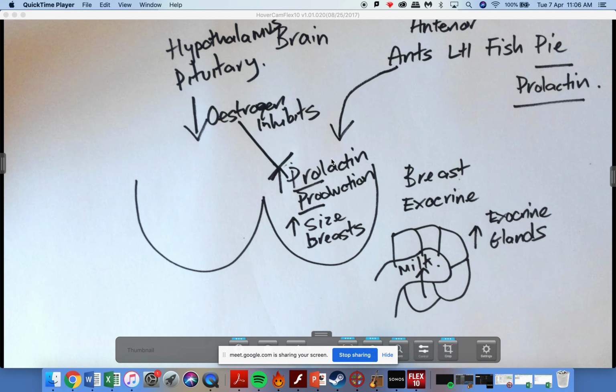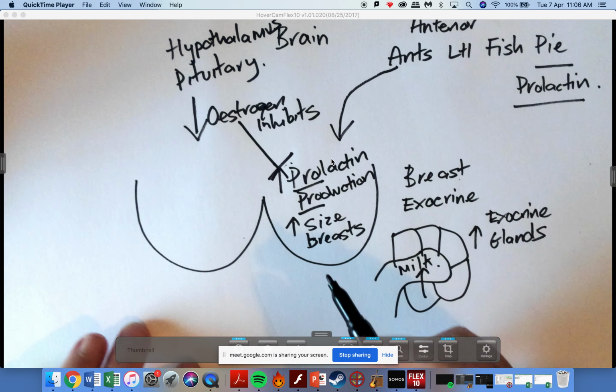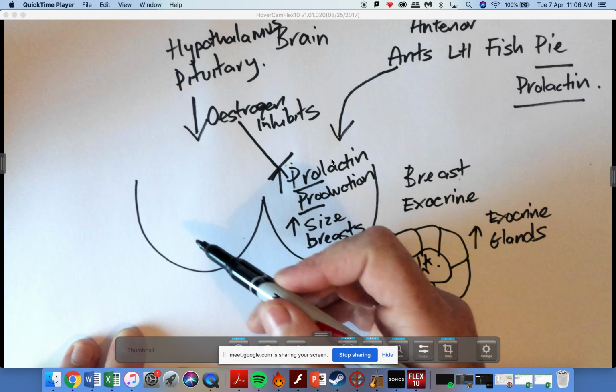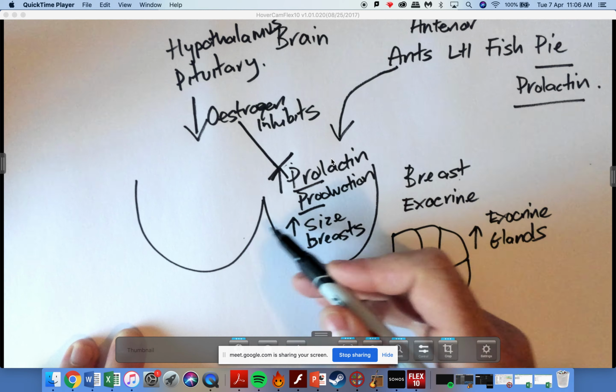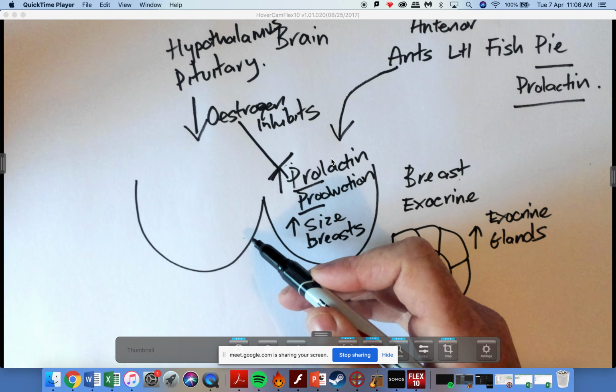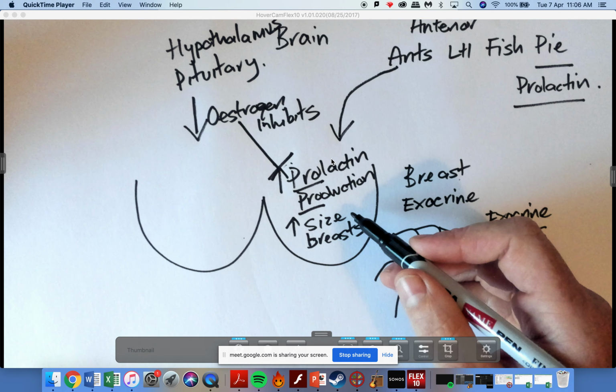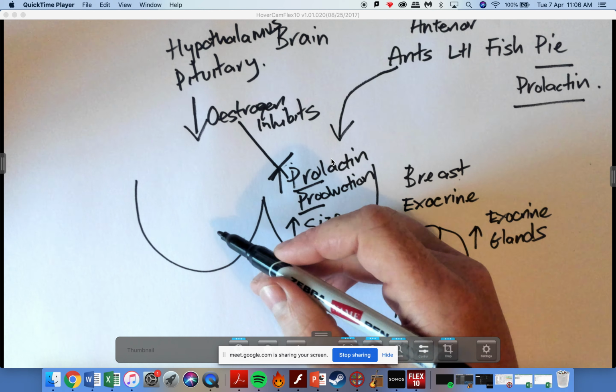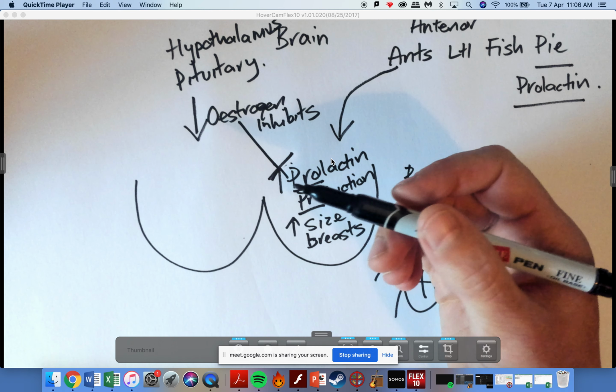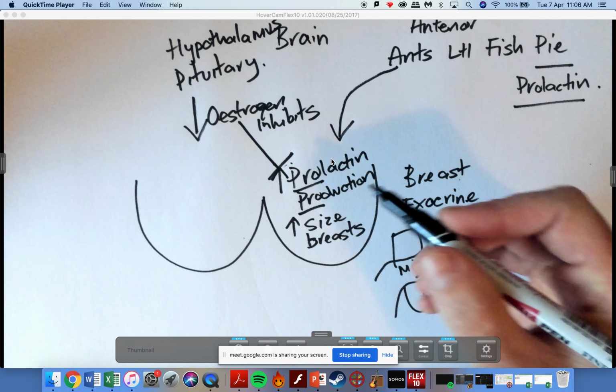But before you give birth, you don't actually release the milk. We only get the release of milk after birth, and usually with the stimulation of a baby trying to feed. So the sucking stimulation of the breast is going to lead to the release. The one that causes that is oxytocin.